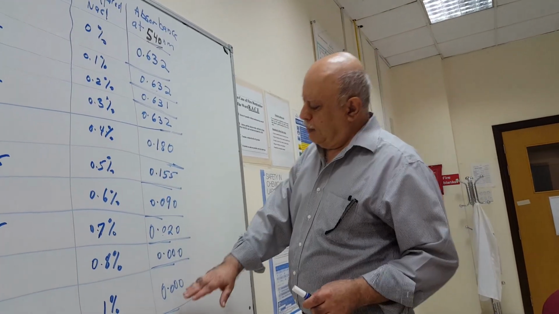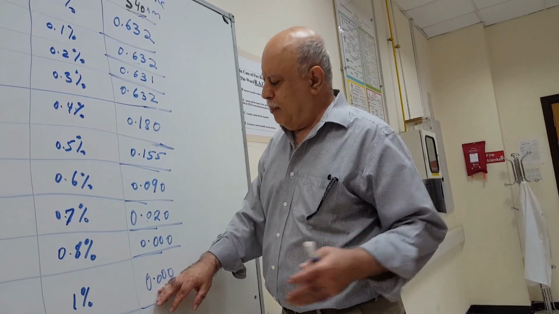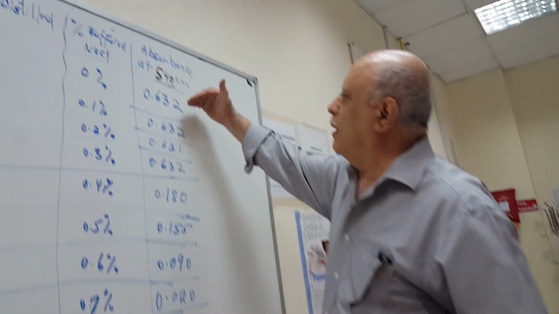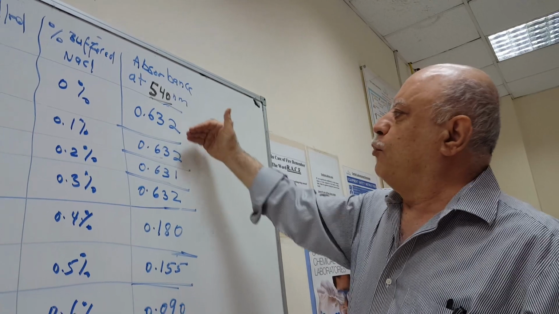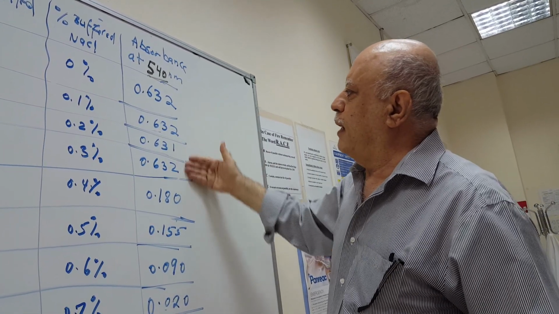This is what it means, 0.00, we get no reading, there's no absorbance whatsoever, meaning there's no hemoglobin, there's no lysis. And here the highest reading, the highest absorbance, number 1, and tube number 2, and tube number 3, and tube number 4. They are all the same.